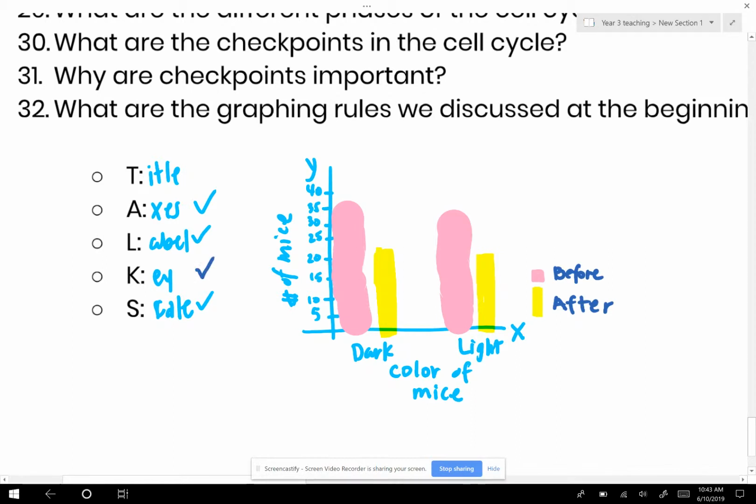Now I have to make sure that I have a title. Titles are the number one thing that people always forget. They'll typically give you a graph like this and it looks really complete because it has everything, and then they're like, oh, the title.